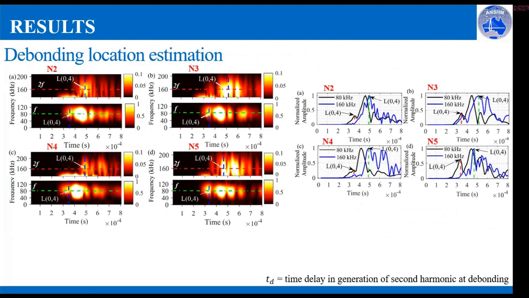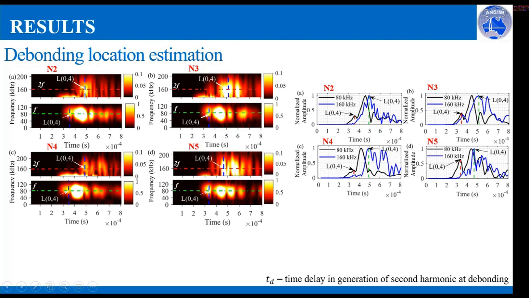This data shows the time frequency plots for all the debonded cases, and they all clearly show the presence of second harmonics due to the debonding. This shows the time of arrival of the L04 wave mode at the excitation frequency and also at the second harmonics.